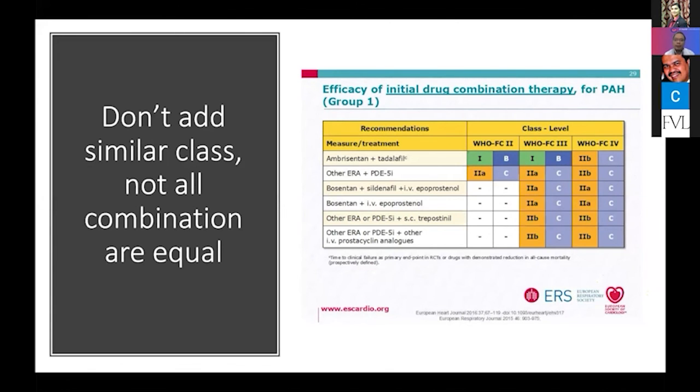The only studied combination is ambrisentan and tadalafil. I know a lot of us will see a lot of combinations with bosentan and sildenafil. However, the study involving the combination of sildenafil and bosentan hasn't yielded a good positive outcome. So be careful.